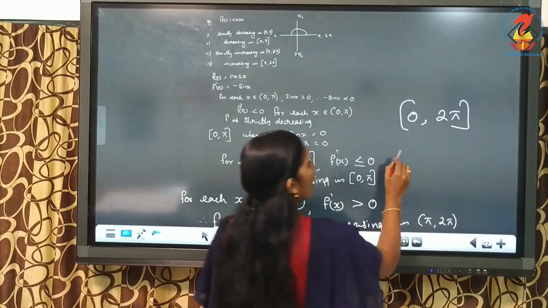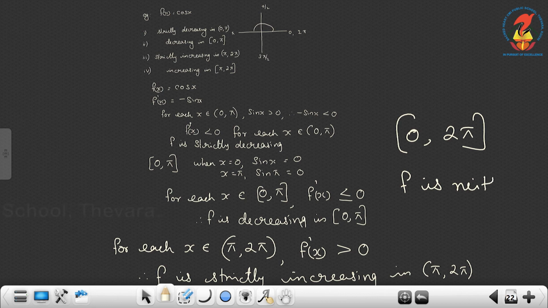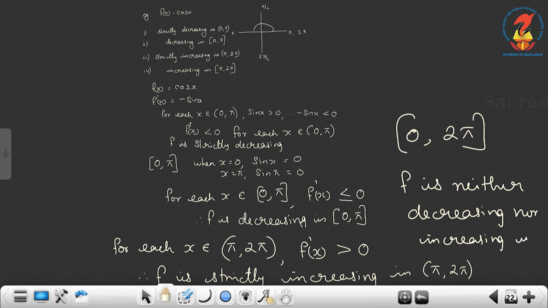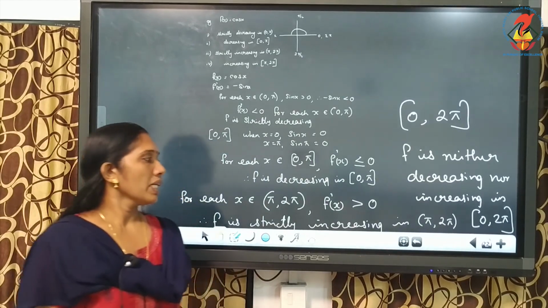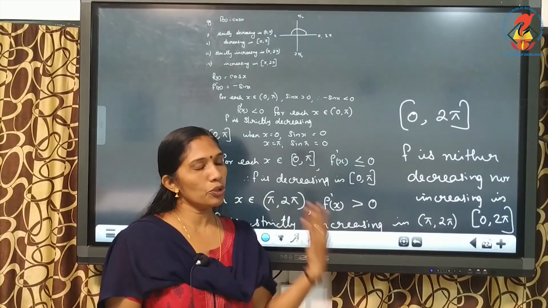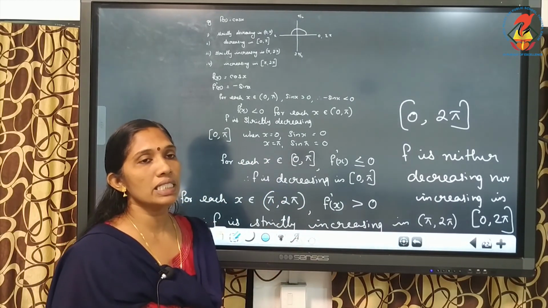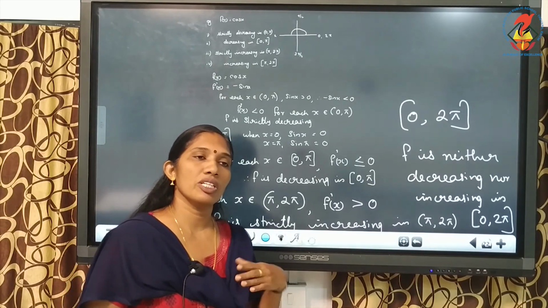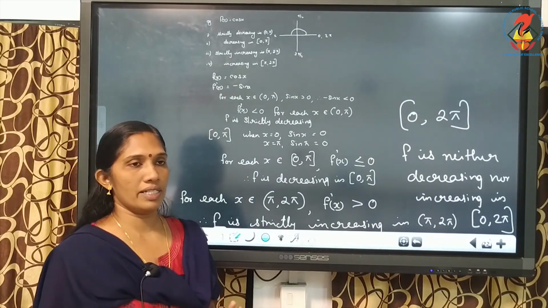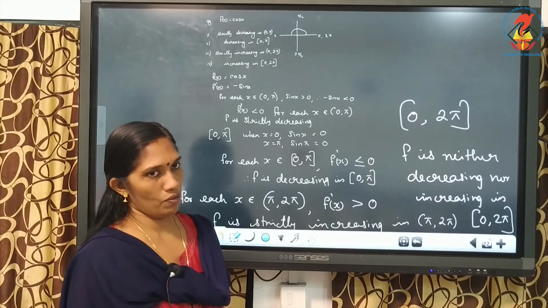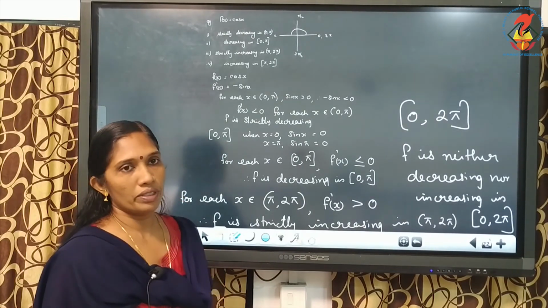So, we say that f is neither decreasing nor increasing in the interval 0 to 2 pi. There is a case like that also. I hope you understood this. Thank you.